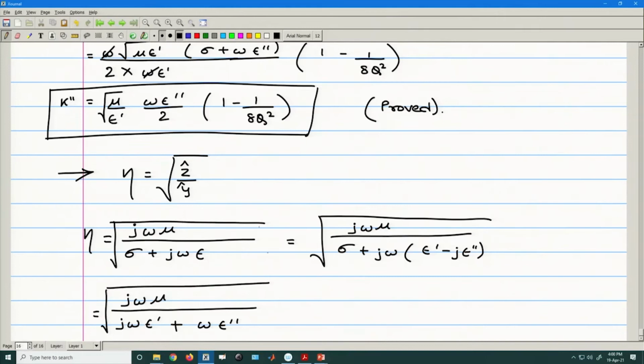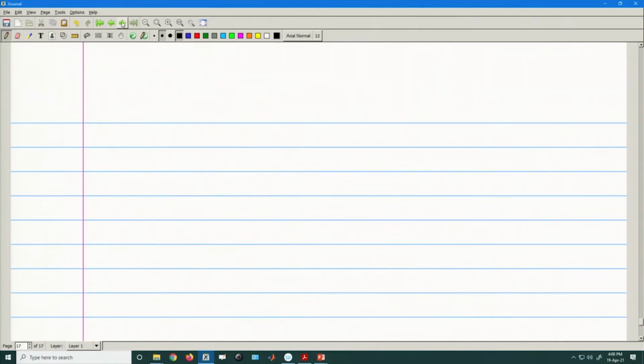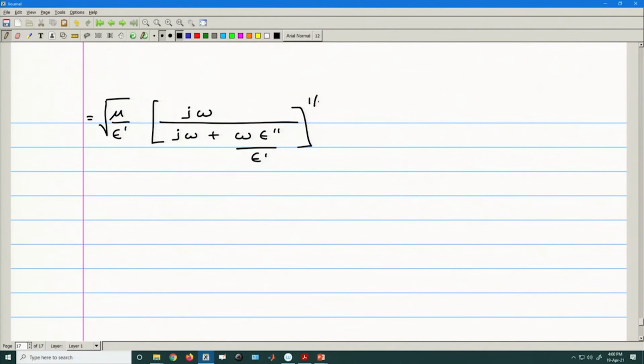We take out mu upon epsilon prime as common and write it as j omega upon j omega plus omega epsilon double prime by epsilon prime, raised to the power half.